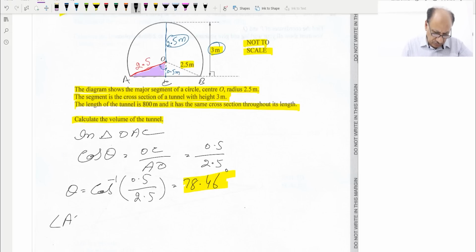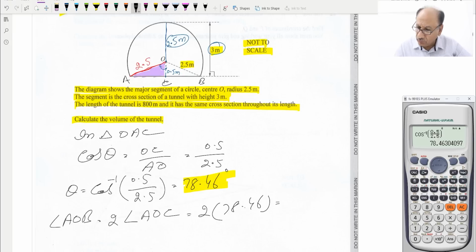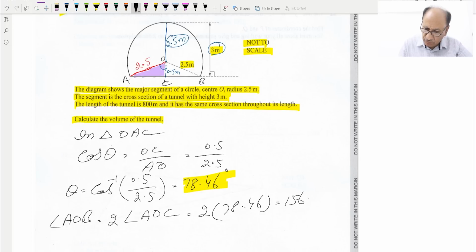So angle AOB is equal to twice angle AOC, which is 2 times 78.46, and that is 156.93 degrees. Now we got this angle.